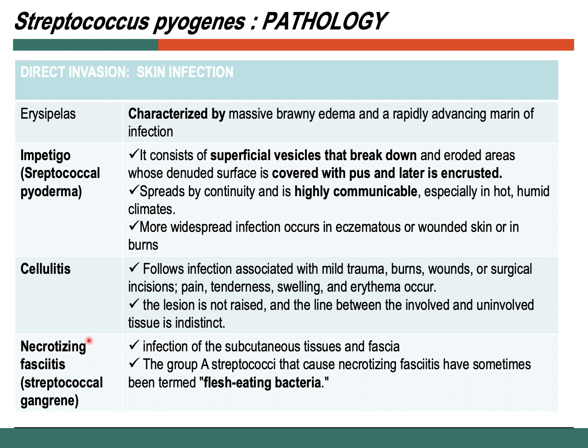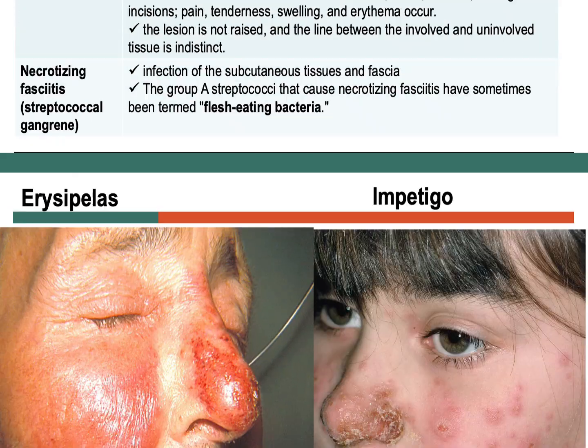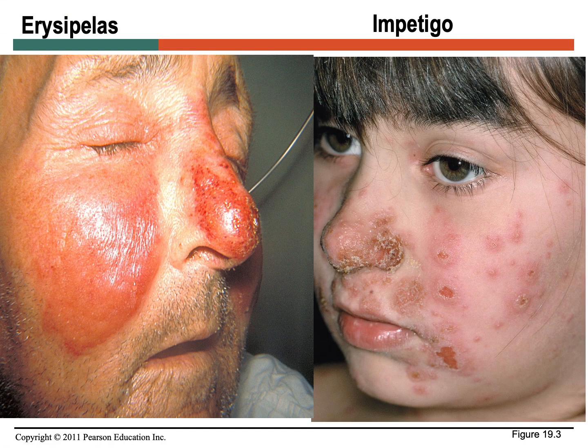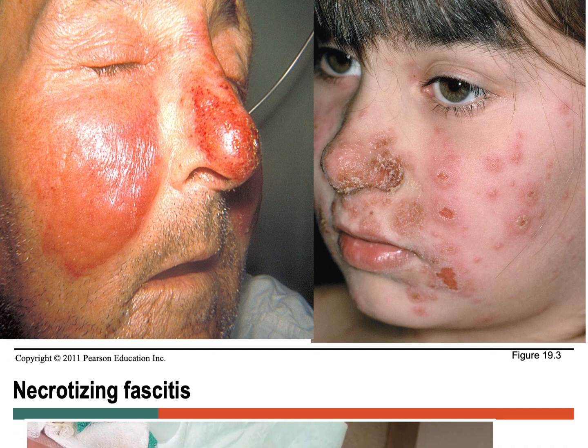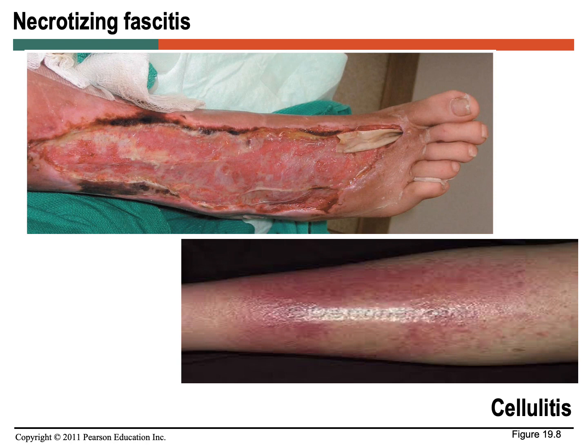Necrotizing fasciitis is also known as galloping gangrene because iba din yung clostridial gangrene na causative agent. So this is your erysipelas and impetigo caused by GAS or your group A strep. Your necrotizing fasciitis as well as your cellulitis. So if you see there, redness, okay, and your flesh-eating bacteria there.